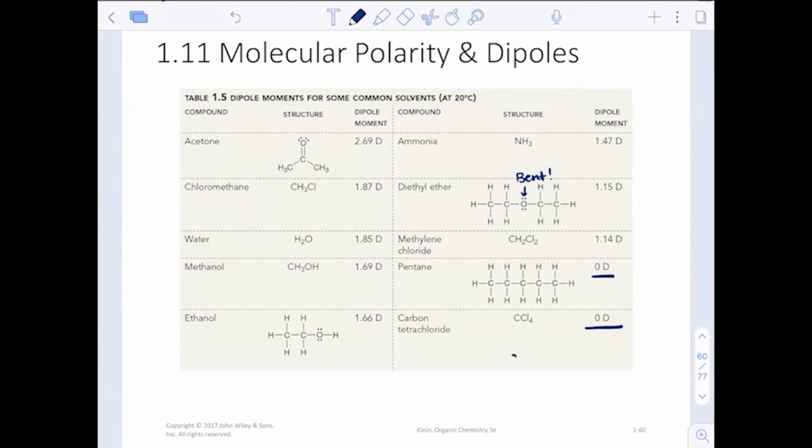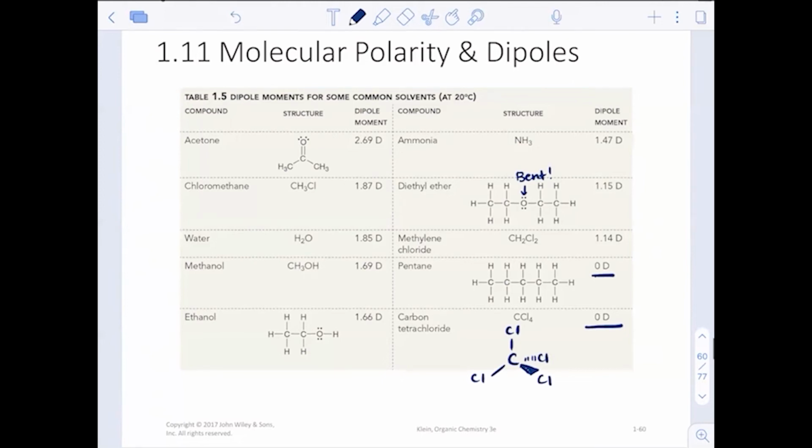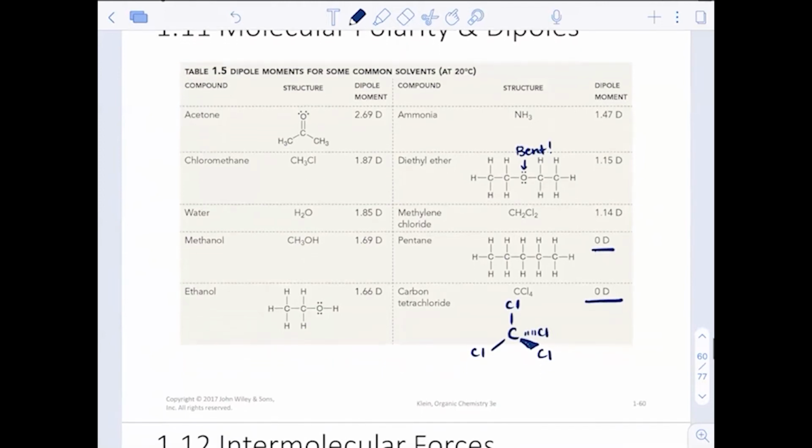CCl4, yes, carbon to chlorine is a polar bond, but what is happening here is the overall vector sum is zero because every chlorine is pulling the exact same way. I want to just present another one. Carbon to oxygen is usually polar, but in carbon dioxide, the overall dipole moment is zero because of the equal symmetry within that molecule.